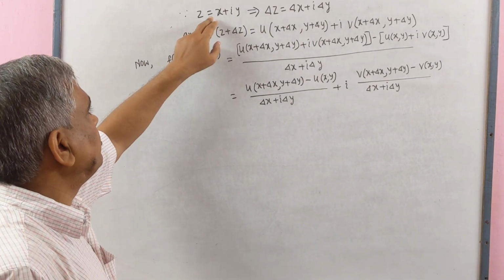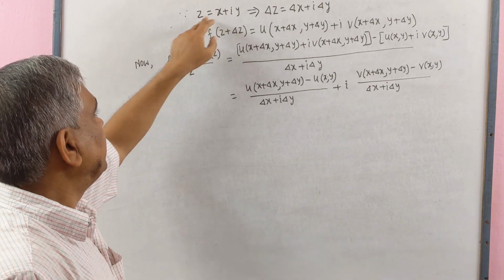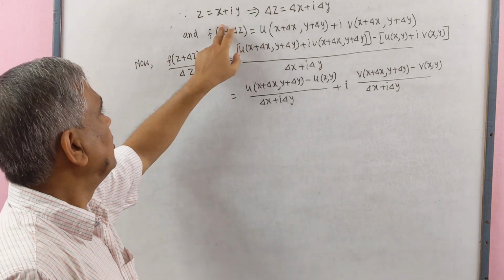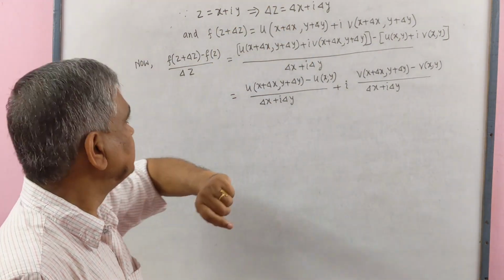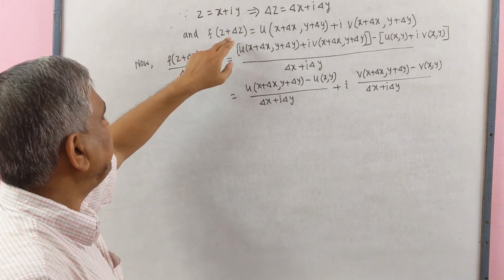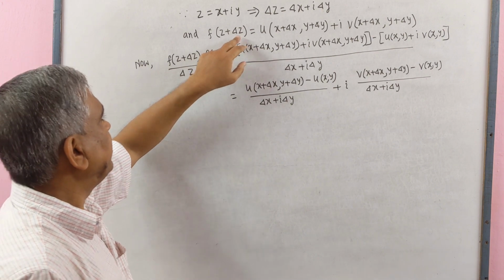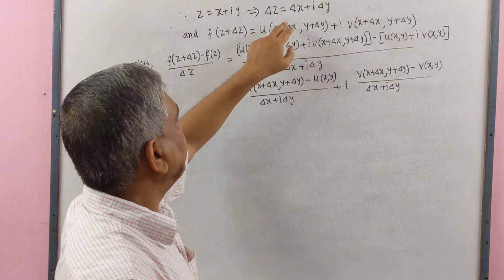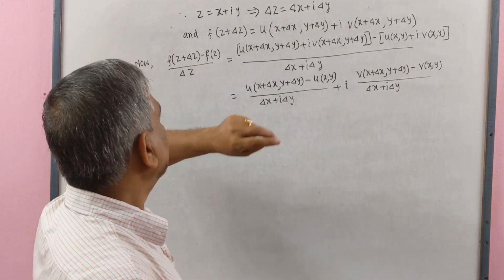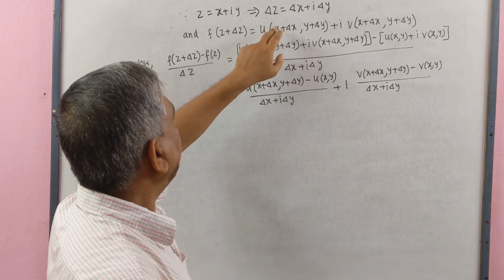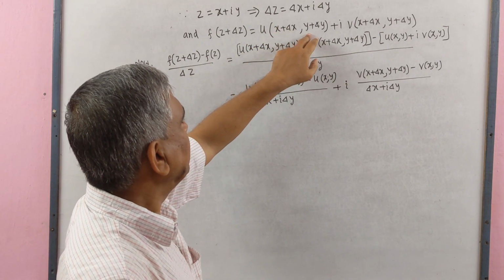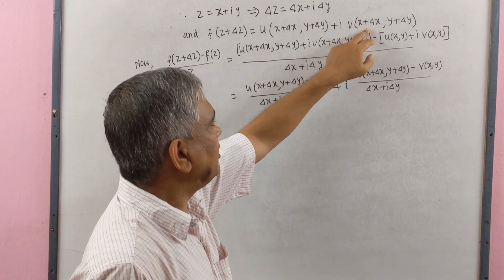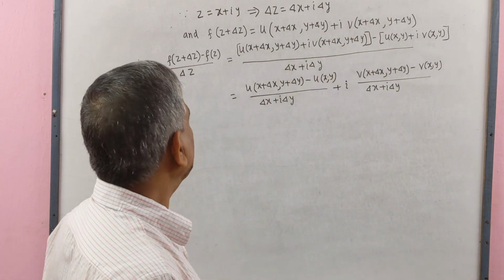Since z equal to x plus i y, therefore delta z equals delta x plus i delta y, and for the function of z plus delta z, the increment in z, we get the increment in x and increment in y. Therefore that equals u of x plus delta x, y plus delta y, plus i v of x plus delta x, y plus delta y.